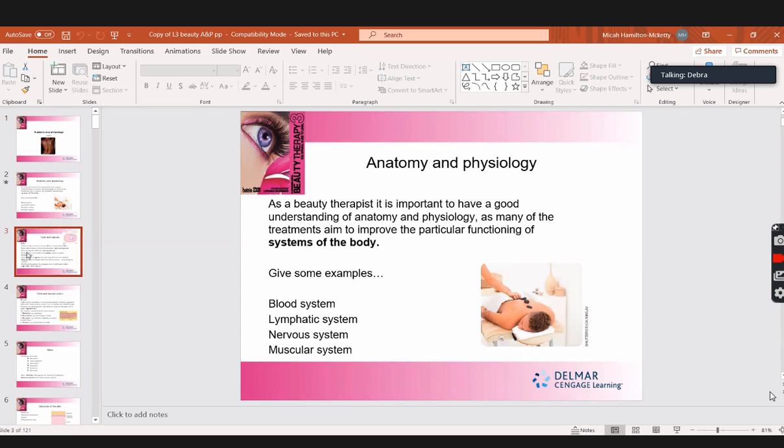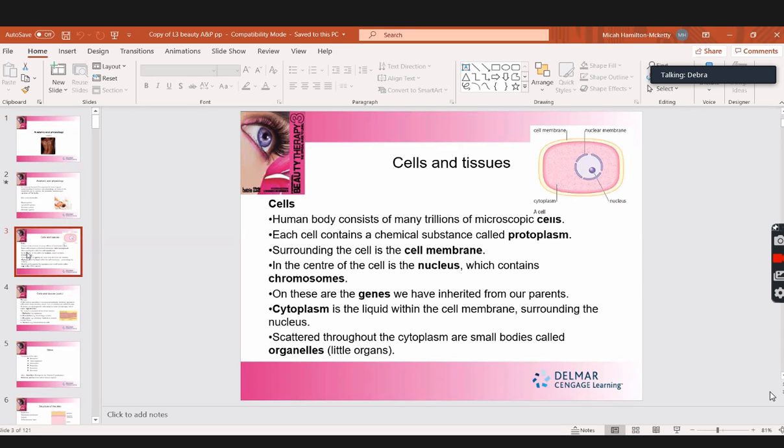Okay, so we're starting off with cells and tissues. And there's a little cell up the top, we'll have a look at that. The human body consists of many trillions of microscopic cells. Each cell contains a chemical substance called protoplasm. Surrounding the cell is a cell membrane.